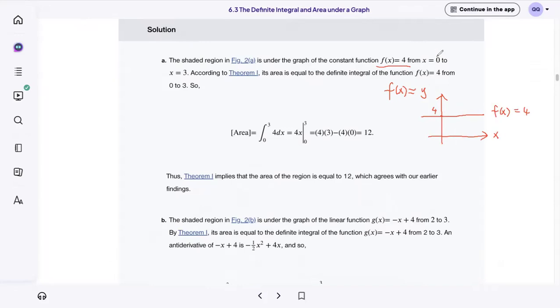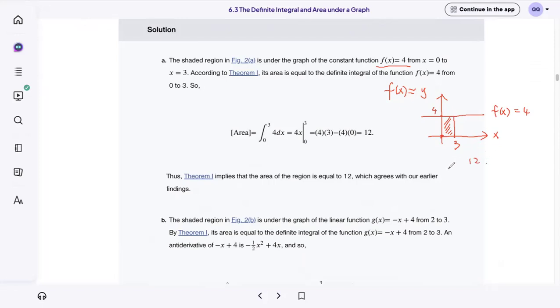So what is the area from 0 to 3? This is 0, and this is 3. We want to find the area of this. Of course, we can go through algebra, right? 3 minus 0 gives a width of 3, and the height is 4. 3 times 4 should be 12.